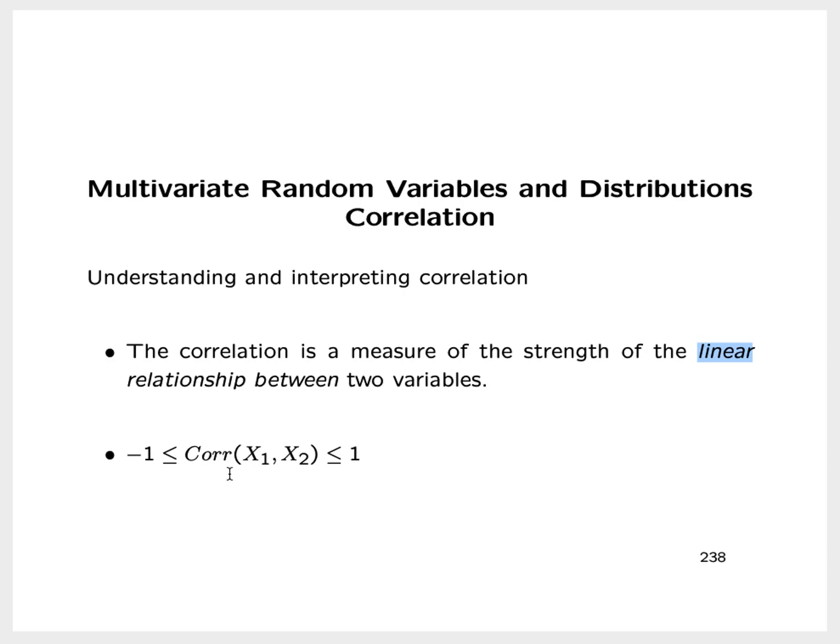The correlation between two variables is always between -1 and +1. So if you are computing a correlation as part of a homework problem or just in your own research, if you happen to get a value for a correlation that is less than -1 or greater than +1, you better go back to the drawing board.